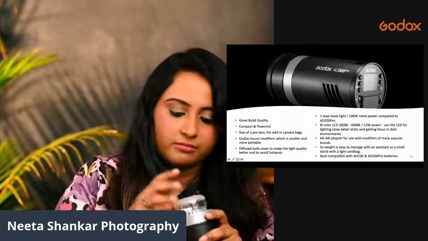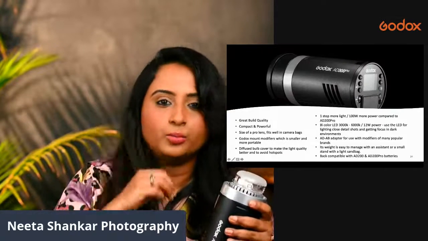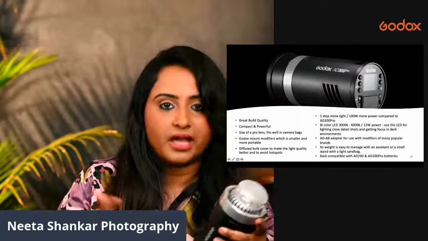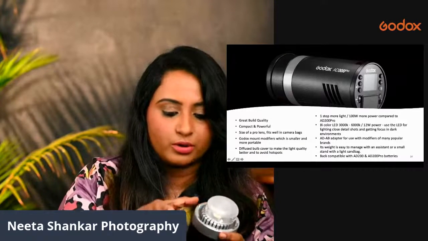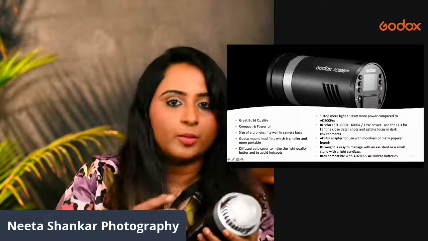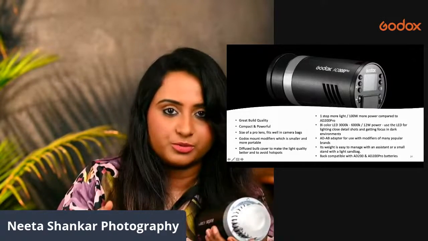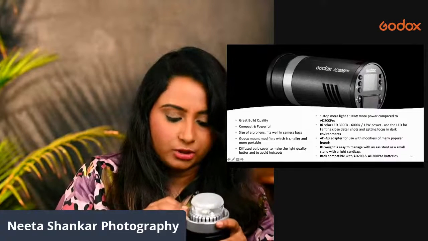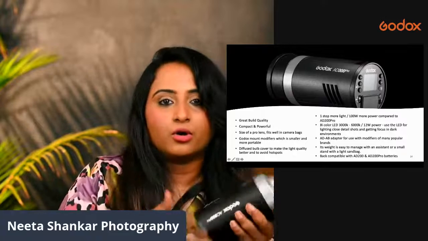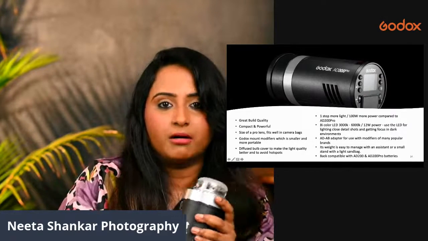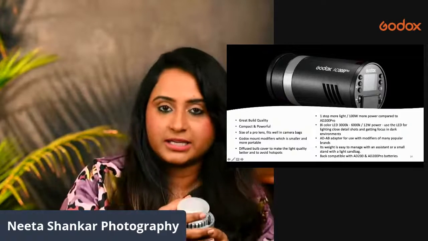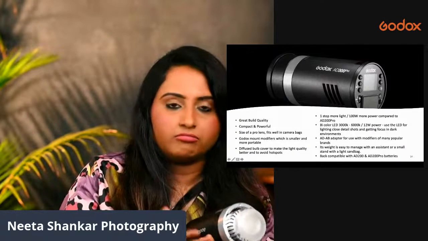So you get a lot of these new Godox mount soft boxes, which are a lot more compact than Bowens mount, because Bowens mount in general is quite broad. So it becomes bulkier. No matter how small the soft box is, it still becomes bulkier. Whereas with the Godox mount, because the mount itself is very small, the Godox mount soft boxes are quite easy to use, easy to set up, and very portable.